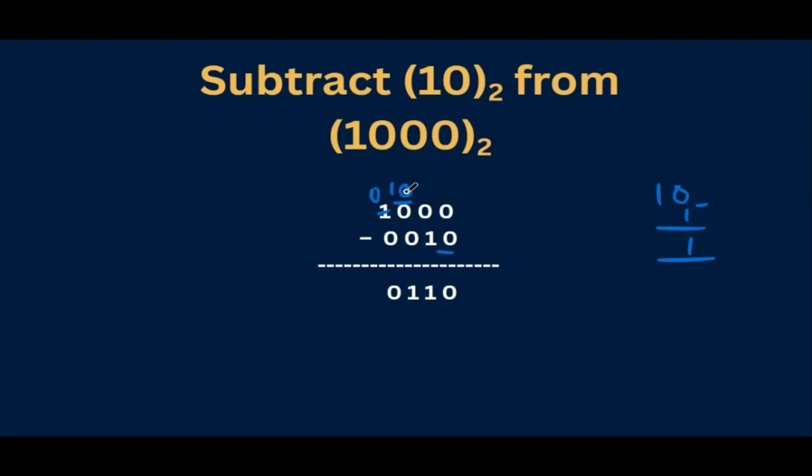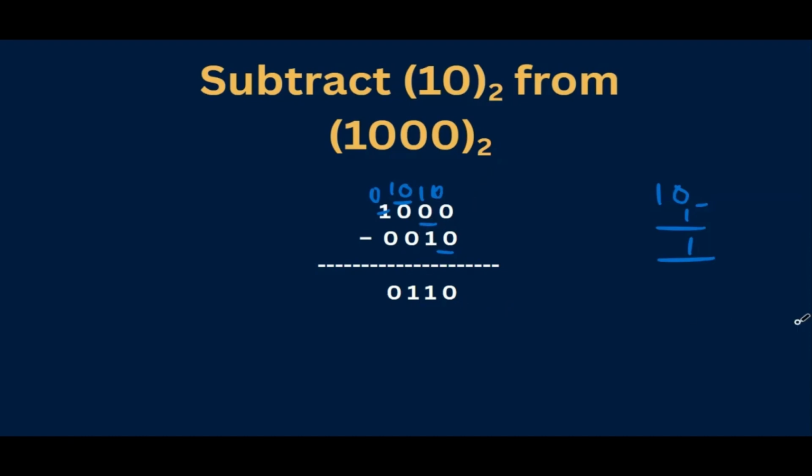And from this 10, 1 is given to this 0. So this 0 becomes 10. And 10 minus 1 is equal to 1.